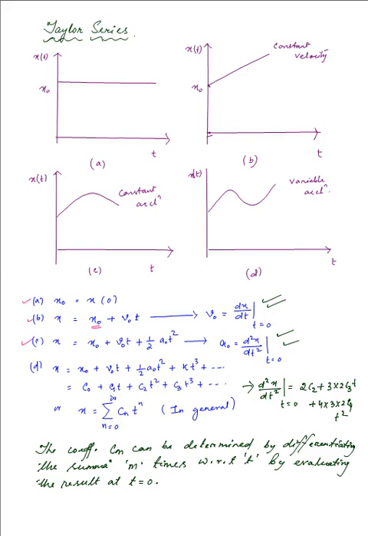Now, with t is equal to 0, these terms will vanish to 0 because they will be containing the t, and all that we'll be having is c2. Well, it is 2 times c2, but that 2 can be divided or taken to the other side, and we will just be obtaining the value of c2.